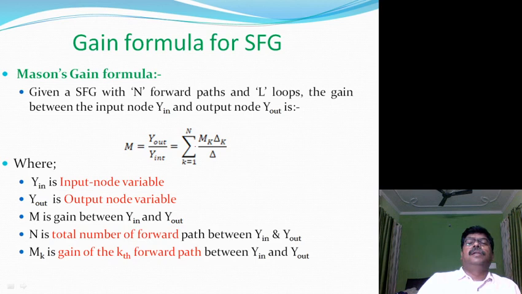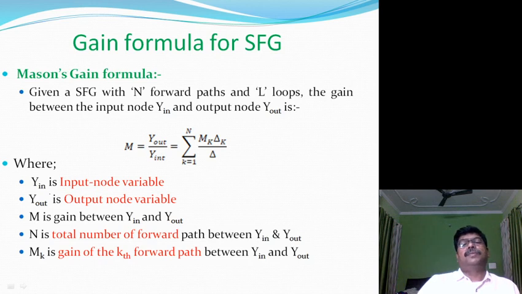So here this will be the sum of Mk product with delta k upon delta, where k equal to 1 to n. So k equal to 1 to n means the number of forward paths, and if n equal to 2, this system will have 2 forward paths.